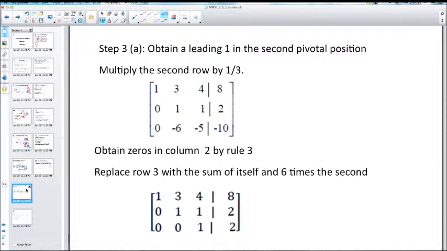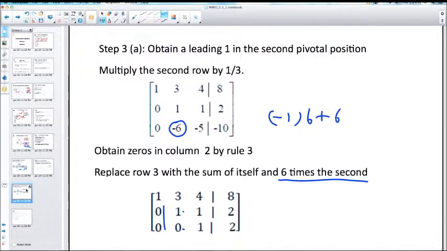After this, we only need to make this -6 equal 0. Then I need to add 6 times the second row to the third row. Now 0 is 0, the first is nothing changed. And -1 times -6 plus 0, -1 times 6 plus 6, you make 0 here. That's good enough.